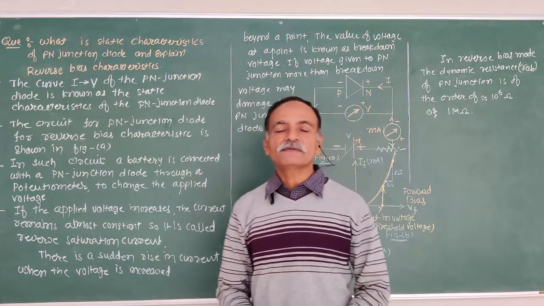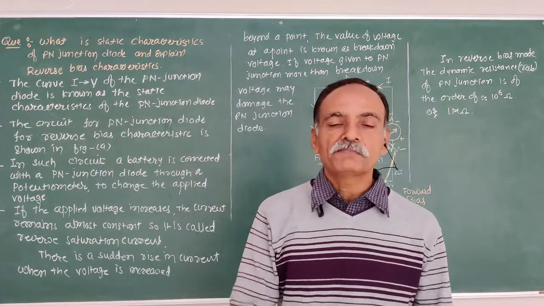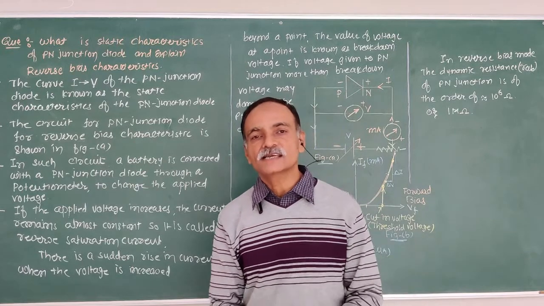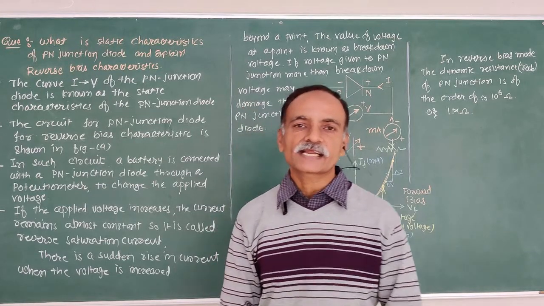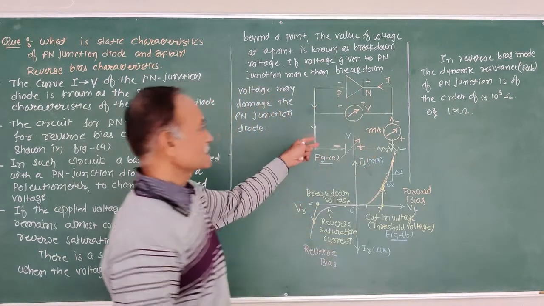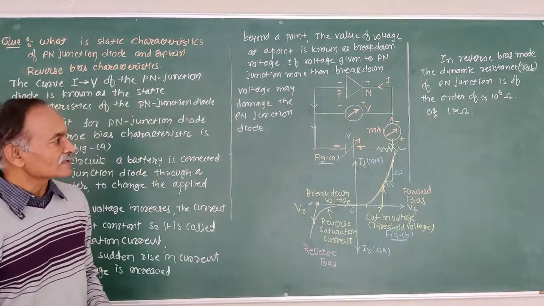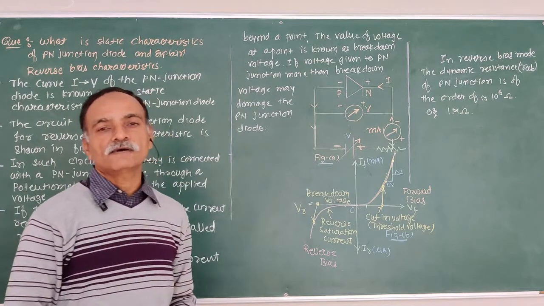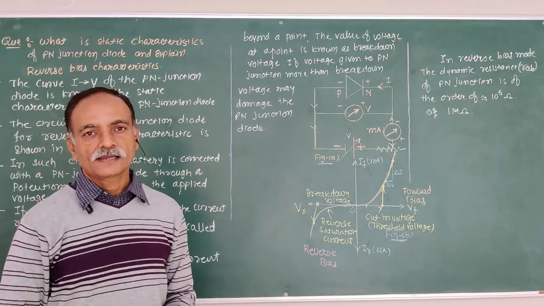That means the relation between the current and voltage of the PN junction diode is known as the static characteristic.